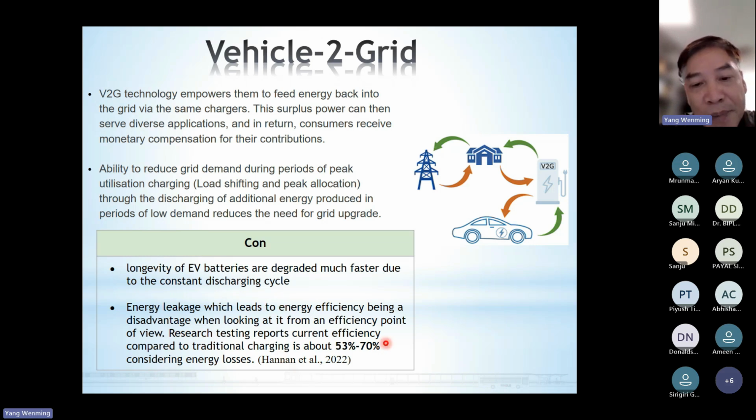The operation efficiency of this technology will drop to 53 to 70%. As we know, the charging efficiency for conductive charging is 95%, correct? However, if we use this new technology, the overall efficiency will drop to 53 to 70%.